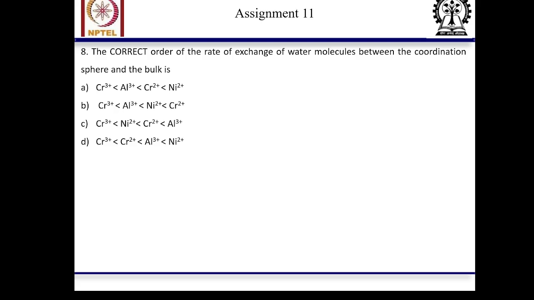Option D is chromium 3 plus, chromium 2 plus, aluminum 3 plus, nickel 2 plus. Can anyone guess?